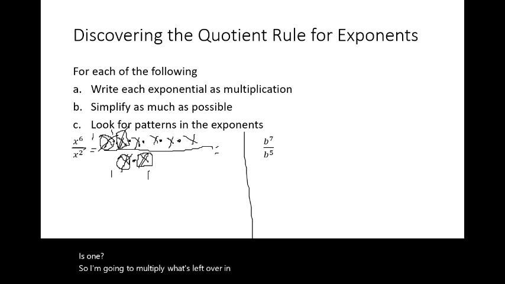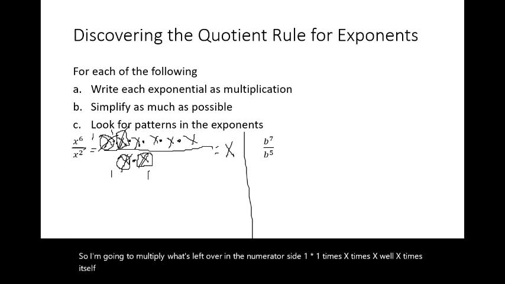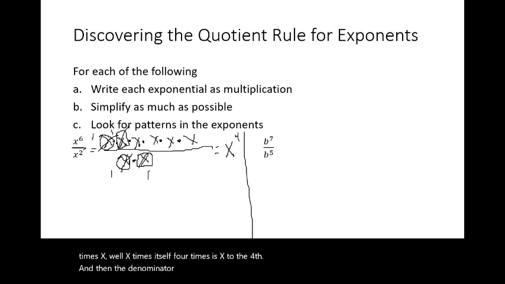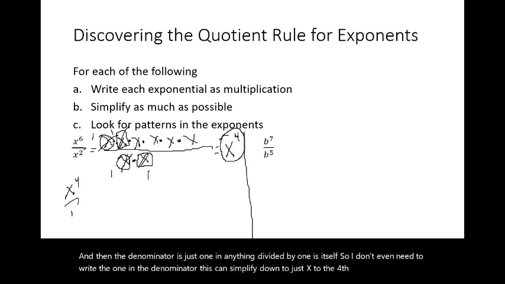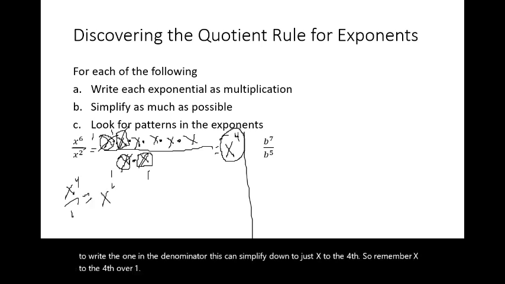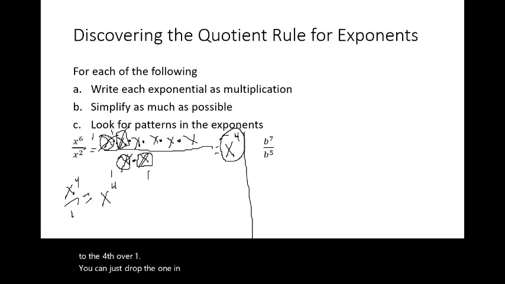So I have 1 times x times x times x times x. Well, x times itself 4 times is x to the 4th. And then the denominator is just 1, and anything divided by 1 is itself. So I don't even need to write the 1 in the denominator. This can simplify down to just x to the 4th. So remember, x to the 4th over 1, you can just drop the 1 in the denominator. It's just x to the 4th.